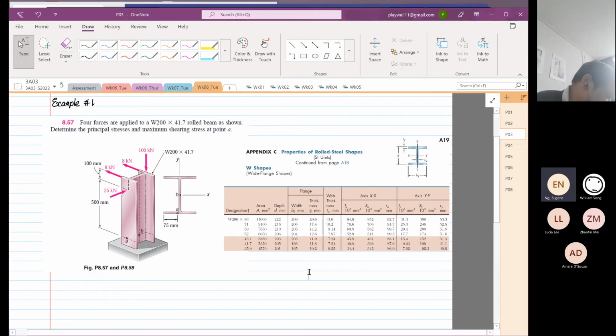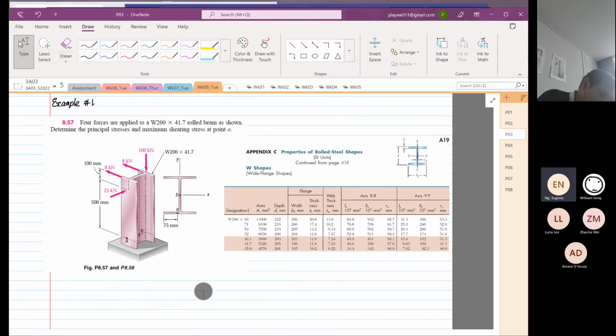You can see that 4 forces are applied to a W200 by 41.7 rolled beam as shown. Determine the principal stresses and the maximum stresses at point A.